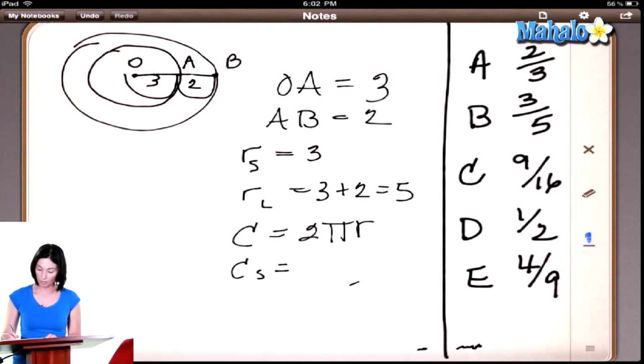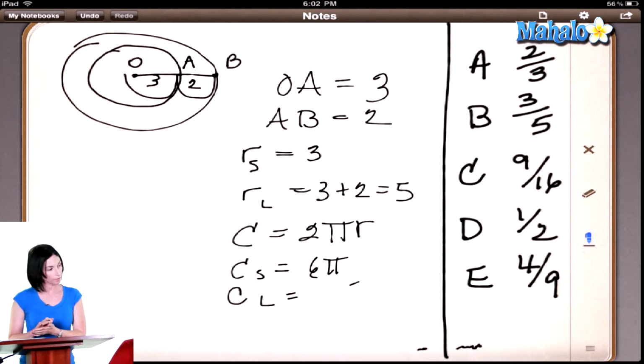And what about the larger circle? That would be 20 pi? Is it 20? It's 2 times pi times 5, which is 10 pi. Okay, so now what do you have to do? I noticed that there are no pi's in the answers.